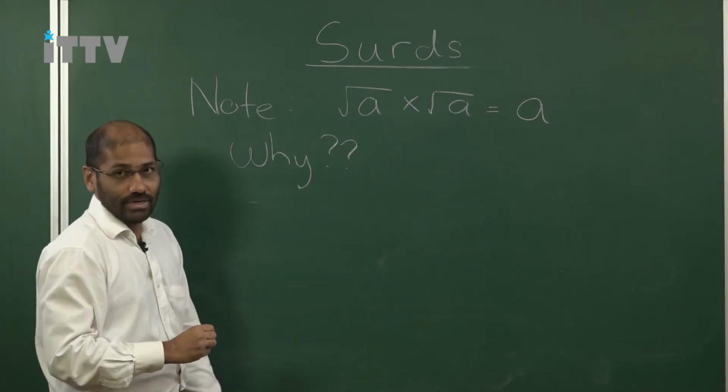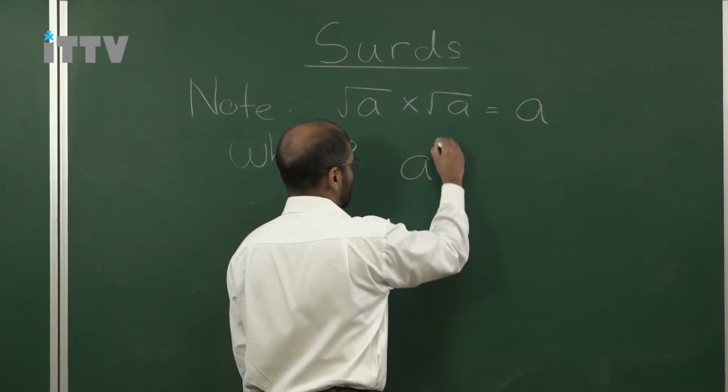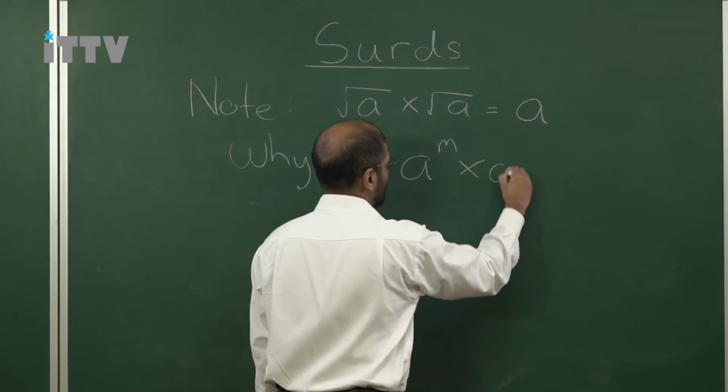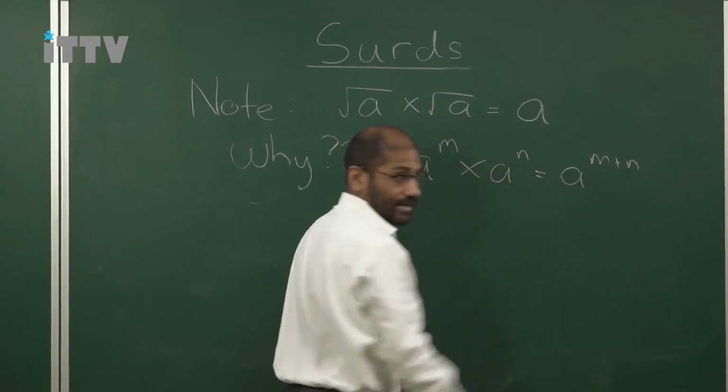Why? Now, from the laws of indices, we already know that a^m times a^n equals a^(m+n).